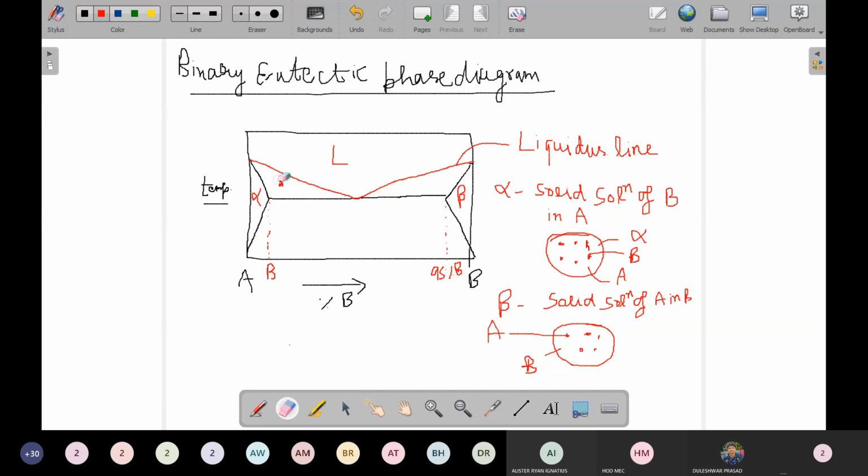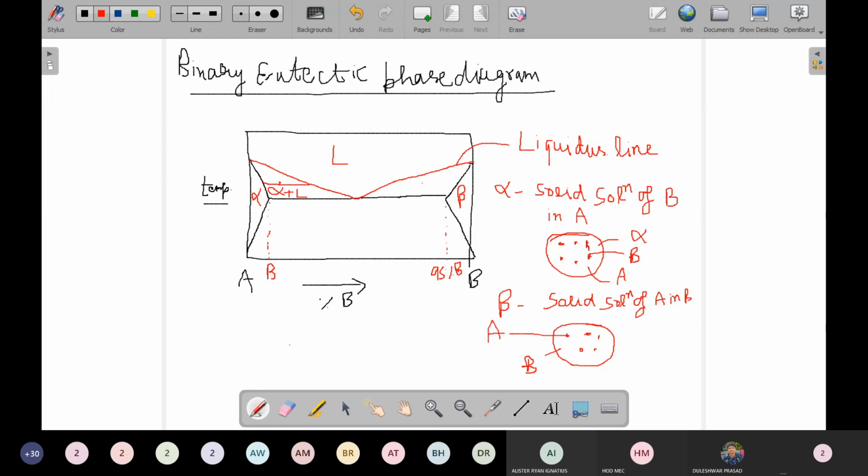Only what you have to do is look here. Suppose I want to find the phases present at this point. Move like this, see where it touches, where it intersects. This is the alpha, so alpha will be present, plus move like this, here you will get liquid, so liquid will also be there. So alpha plus liquid will be present in this region.